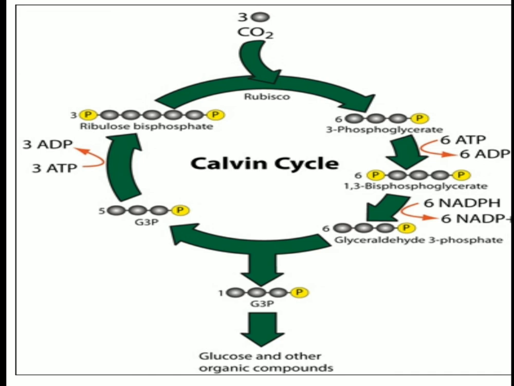Hence, for every carbon dioxide molecule entering the Calvin cycle, 3 molecules of ATP and 2 molecules of NADPH are required. It is probably to meet this difference in the number of ATP and NADPH used in the dark reaction that cyclic phosphorylation takes place.